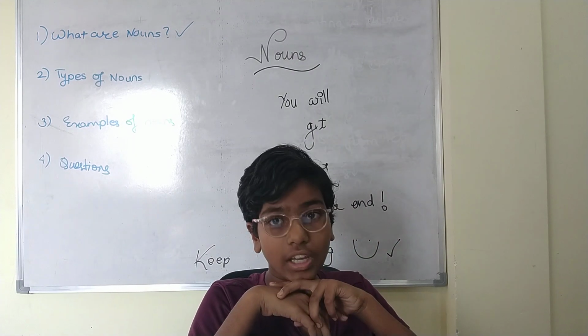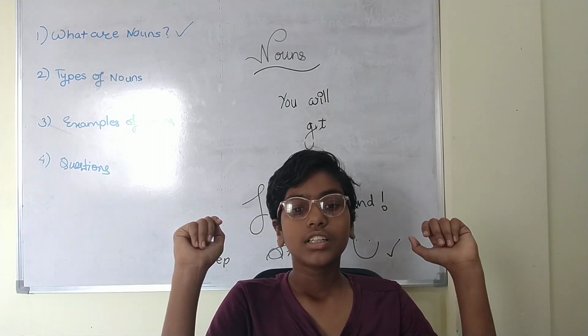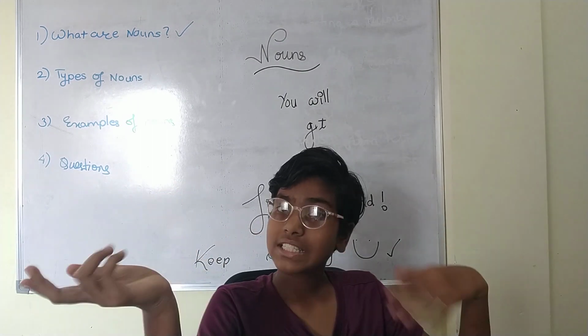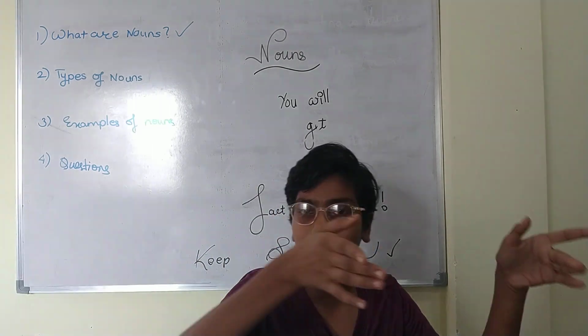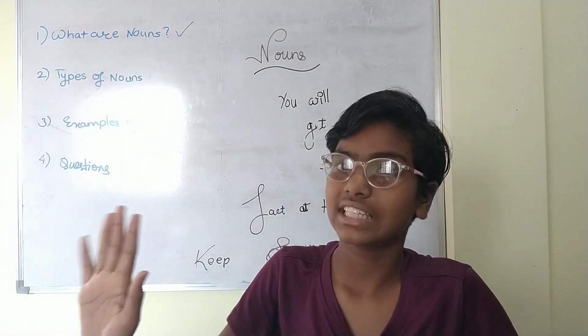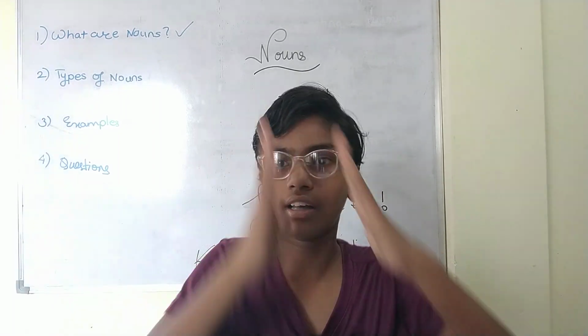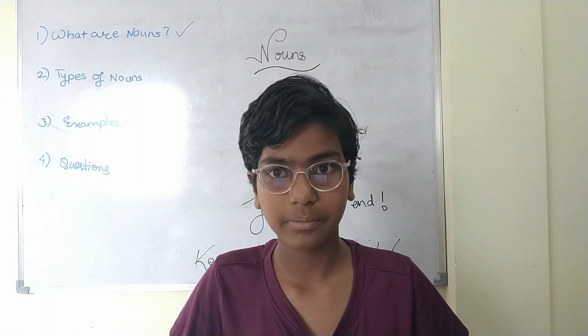It might be Sophia, it might be anybody. But when we specifically know, it is a proper noun. So a proper noun lies here and a common noun lies here, side by side and against each other.